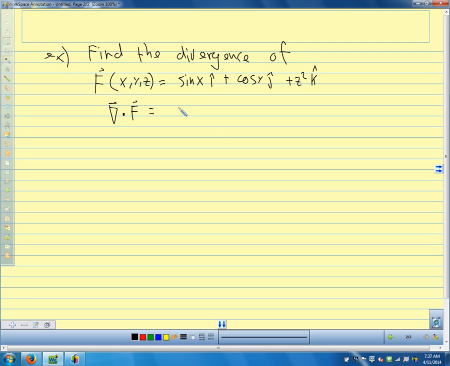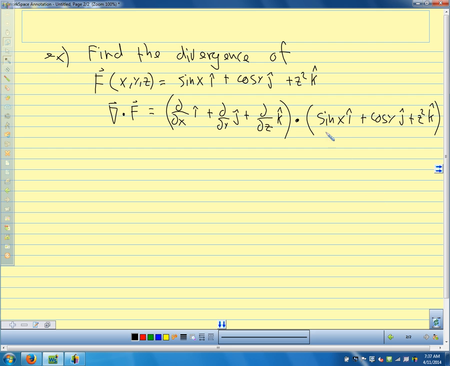This is d dx, just to make everything explicit, plus d dy j hat plus d dz k hat. And we're forming the dot product with sine x i hat plus cosine y j hat plus z squared k hat.